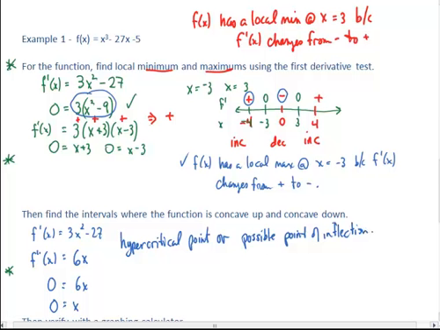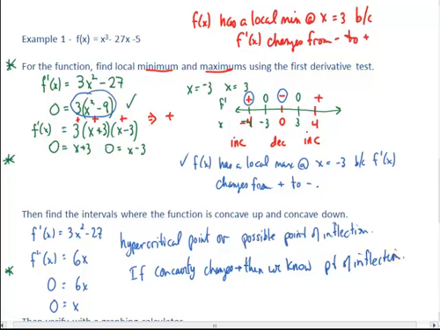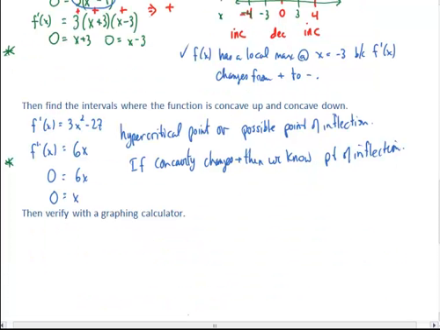If we can show the concavity changes, then we know for sure it's a point of inflection. I'm going to just do a number line test. Again, I make my second derivative number line. This is going to be pretty easy to do in this case because we just have 1 point at x equals 0.